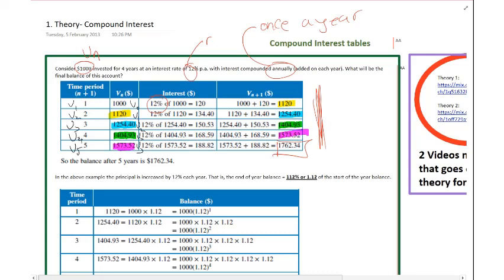And how do I get 1.12? Well, remember, 112 divided by 100 gives you 1.12, or whatever your percentage is. So the real key point is how we express the numbers here.